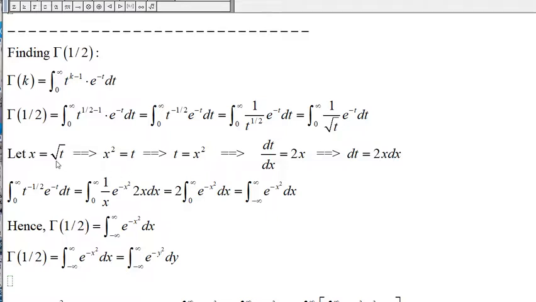And now let x be the square root of t. Square both sides, we get x squared is equal to t, where t is equal to x squared. The derivative of t with respect to x will be 2x, or dt is equal to 2x dx.